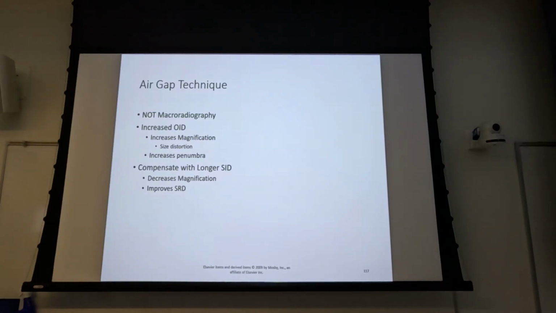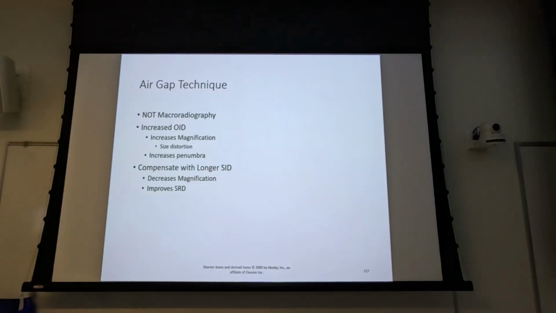What do you do to overcome the magnification in macroradiography? Macroradiography is an intentional increase in OID. So how do you overcome that magnification? What? You don't do anything. You don't change anything, because you want the magnification, right?